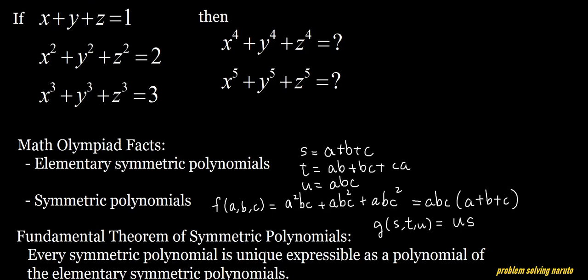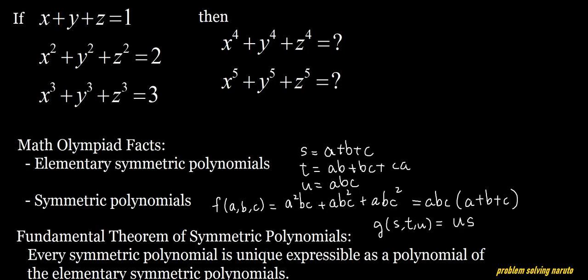Well, the given conditions are symmetric polynomials. So given this fact, let's try to express these in terms of the elementary symmetric polynomials. And the best scenario is that we can actually find out these values.